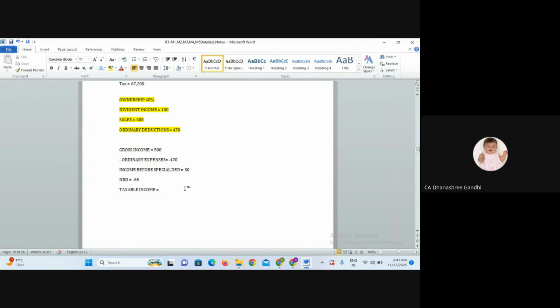Then why is this 65% not on 30 and why is it on 100? It is the rule that if your income before DRD is negative, then only you have to compute the percentage on dividend income. Now, here it is coming positive.